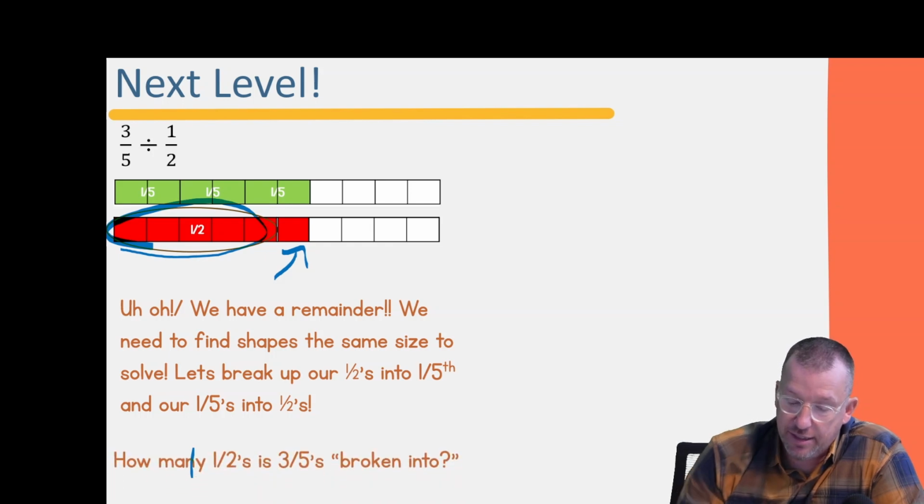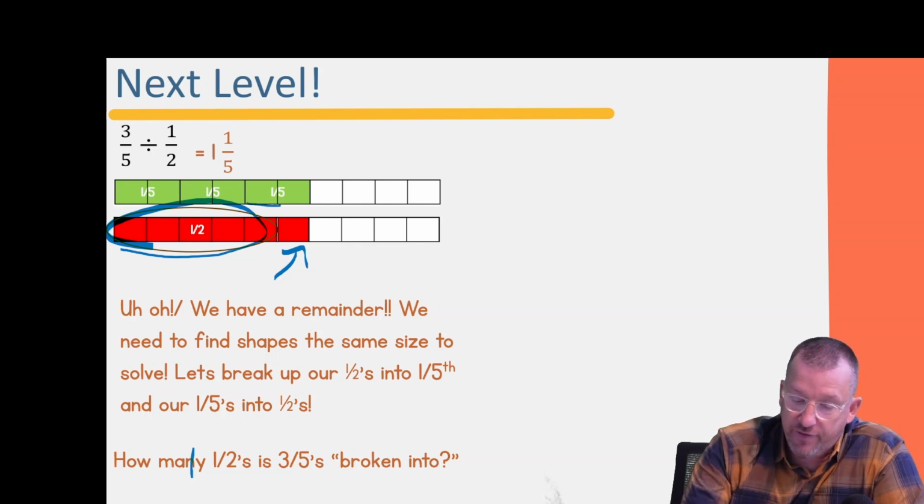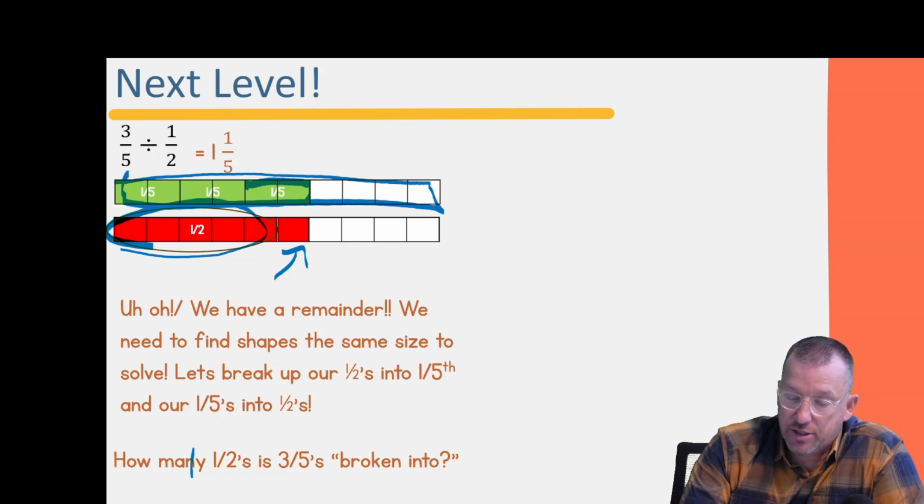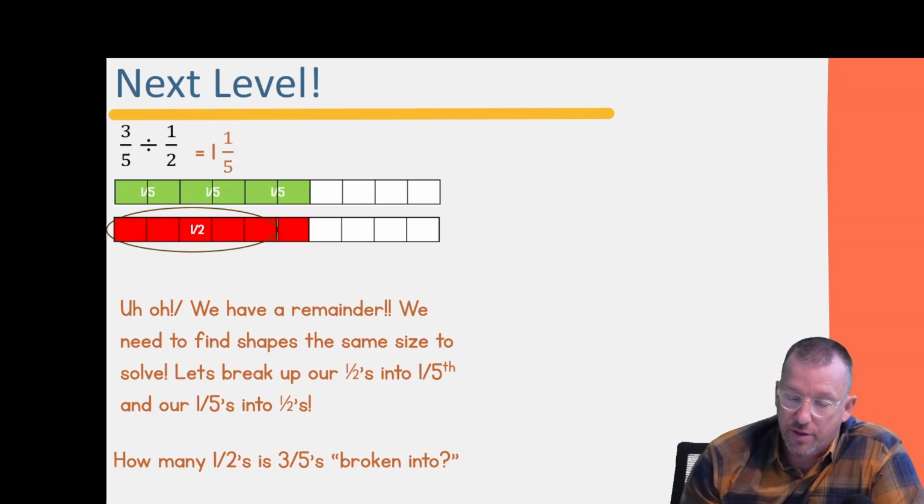So our answer is 1 and 1/5. Interesting, huh? These are fifths up here, but that's a fifth of this whole. When we're doing the answer, this is a fifth, which is smaller, but it's a fifth of the half. And that's where that answer gets a little tricky. So the answer is 1 and 1/5.